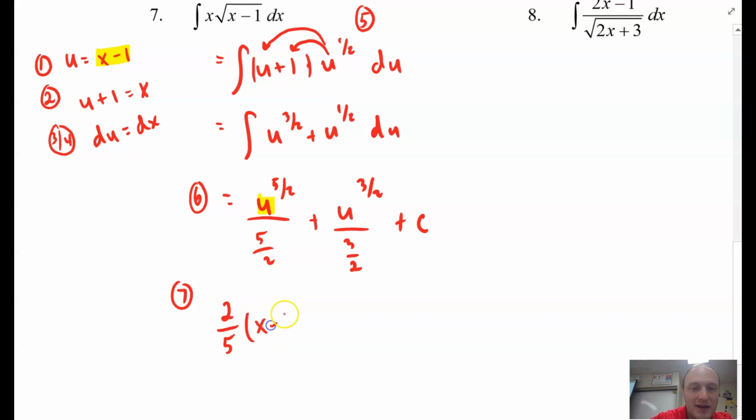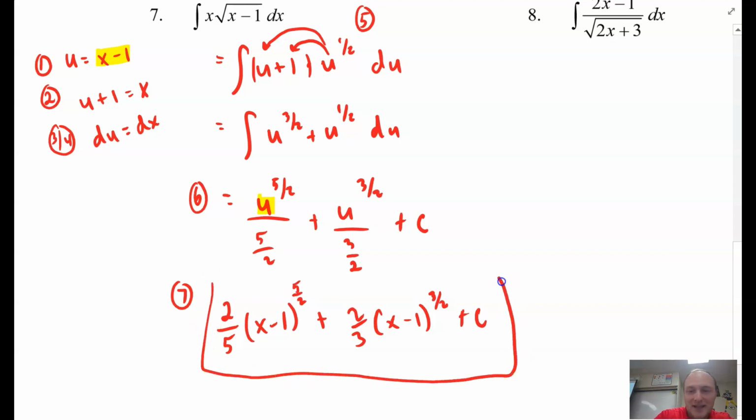So I put in here x minus 1 to the power of 5/2 plus 2/3 times x minus 1 to the power of 3/2 plus c. And ladies and gentlemen, that is our solution. So there you have it. Pretty easy, right? Even you can do it.